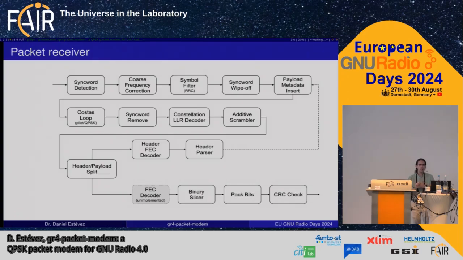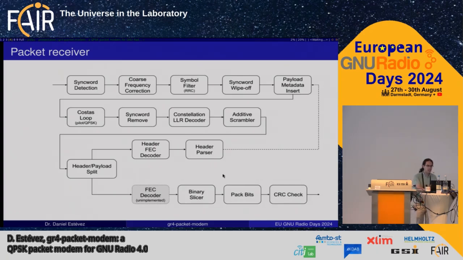However, this information is actually contained in the header of the packet. So until I decode the header, I cannot process the payload because I don't have that information. I cannot insert that tag. So what happens is the packet comes along, and this is going to pass the header to the output. The header will go through the whole demodulation chain. It will be processed. I will come back to that in a moment.